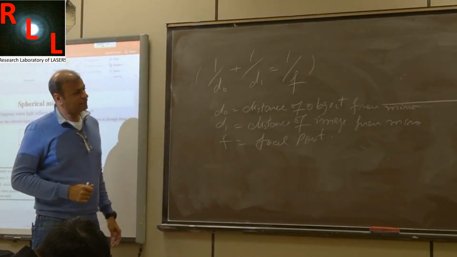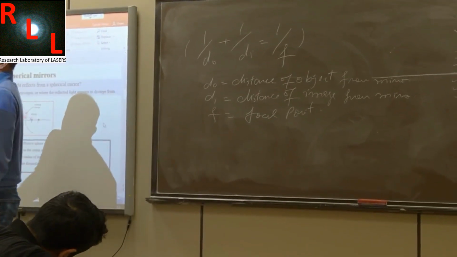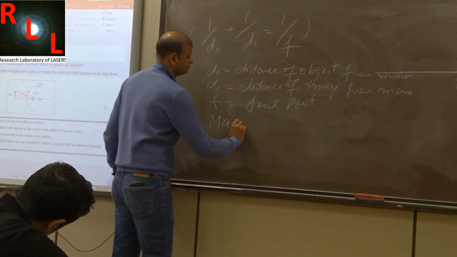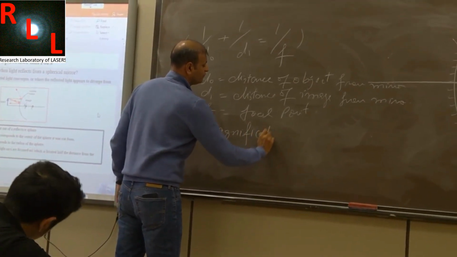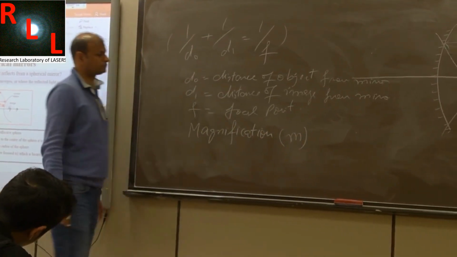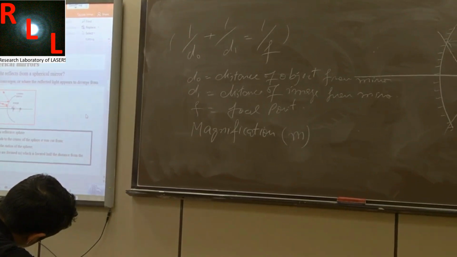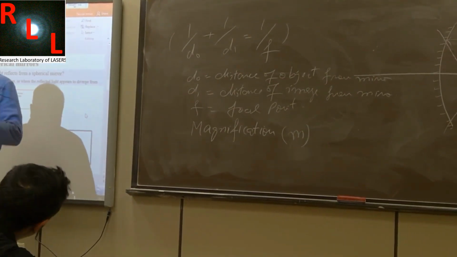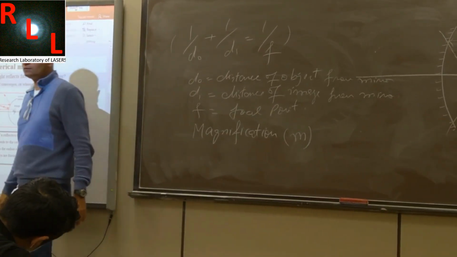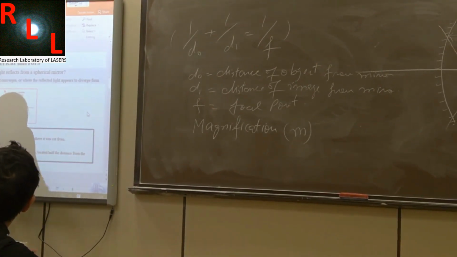Along with this one, there is another equation which we call the magnification factor. You know magnify, you use the mirror to magnify, I mean change of size, like zoom.